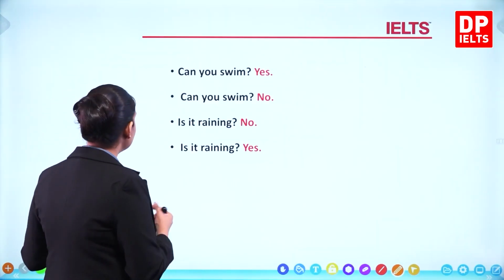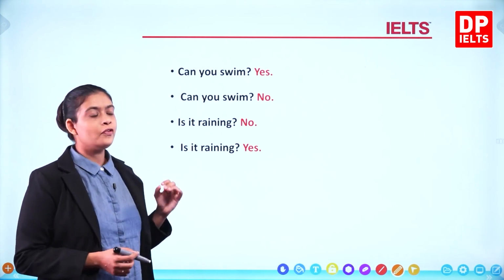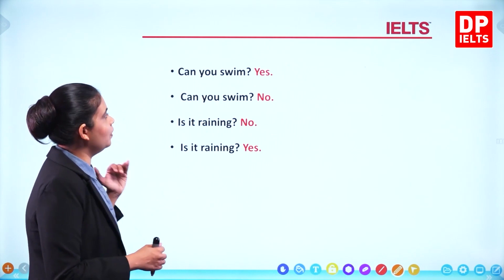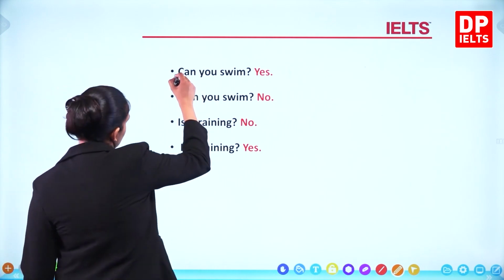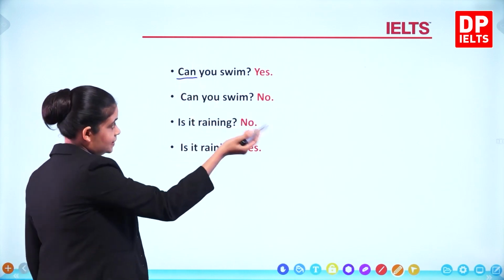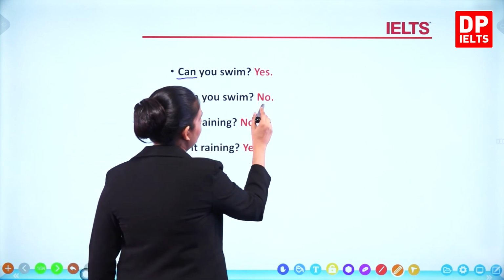Right, so let us have a look at some of the examples for the yes-no type of question tags. Can you swim? Yes. Or you can say, can you swim?